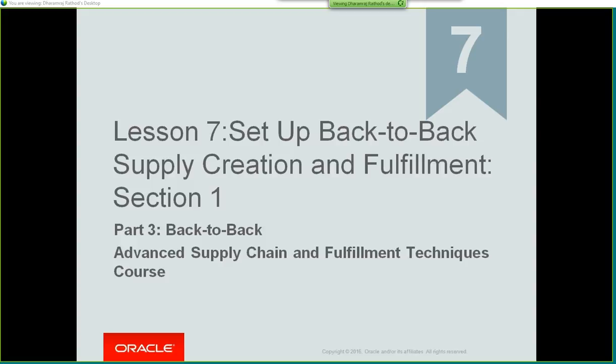But from your business standpoint, you may want to give your customer an opportunity to procure those materials or buy them from you. So you can extend your advanced fulfillment, or expand your channel, and give customers a wide variety of products which they can buy from you.